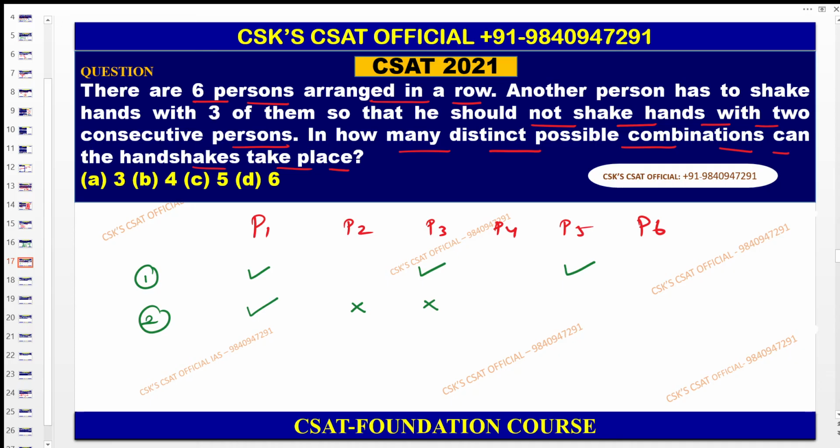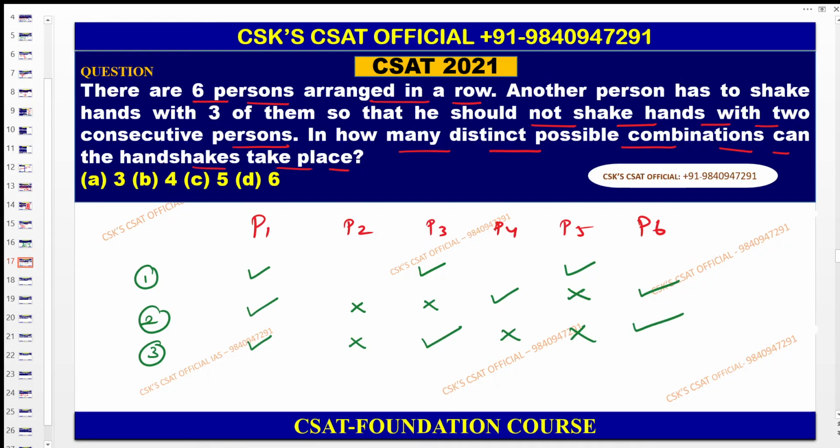I can do a handshake with P4. I surely can't do it with P5. Then here P6. Now 3 here. I am doing it with this person. I am not doing with this person. I am doing with this one. 2 consecutive, right? So I am leaving these 2.